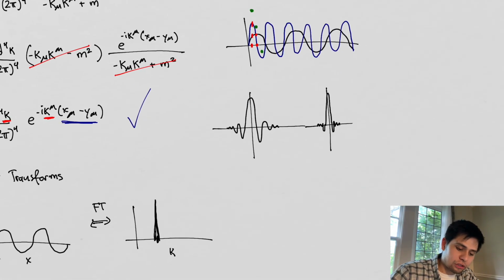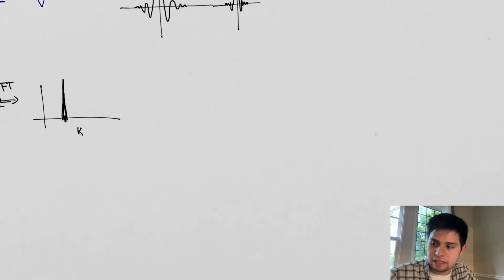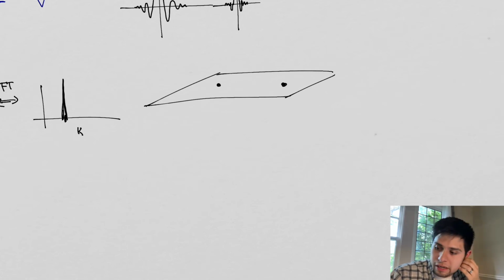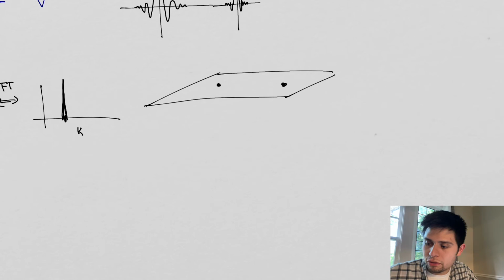The way this is pictured in the book is that you have two particles in the field. So here's our field, with two particles in it, and you have this Green's function.